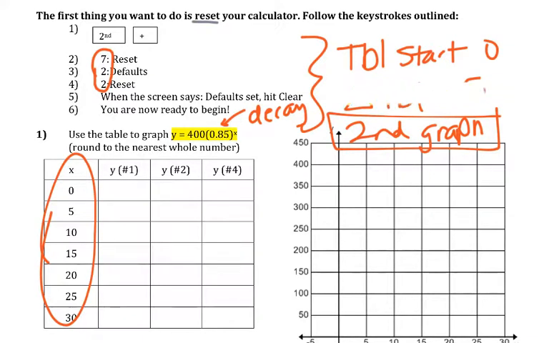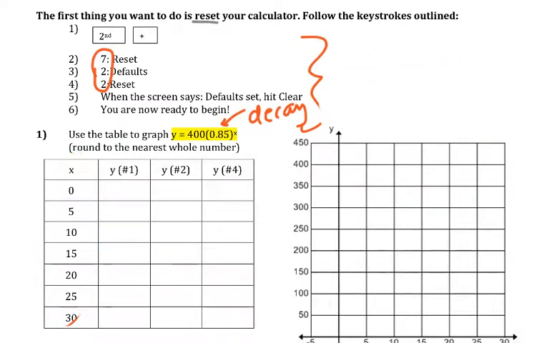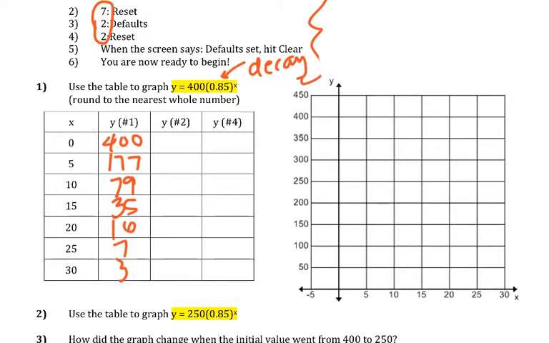So if you're doing this correctly and you've typed everything in right, then the numbers that you should get, and it says round to the nearest whole number, are 400, 177, because remember it's going down, 79, 35, 16, 7, and 3. Now we're not going to label our x and y axis because there's no context to this problem, so we're just going to start at the 400.